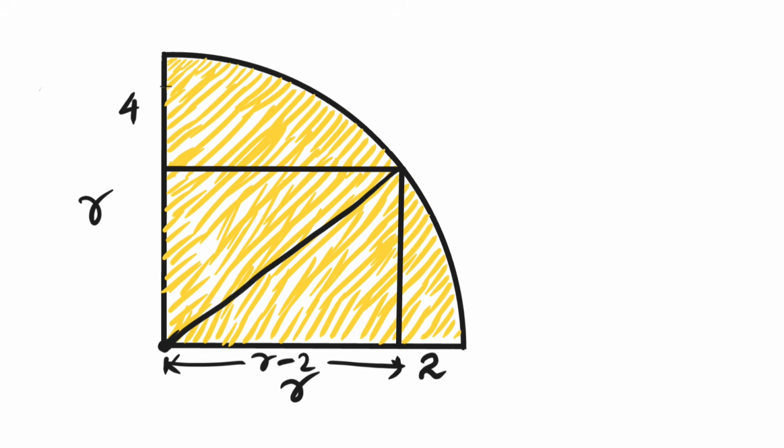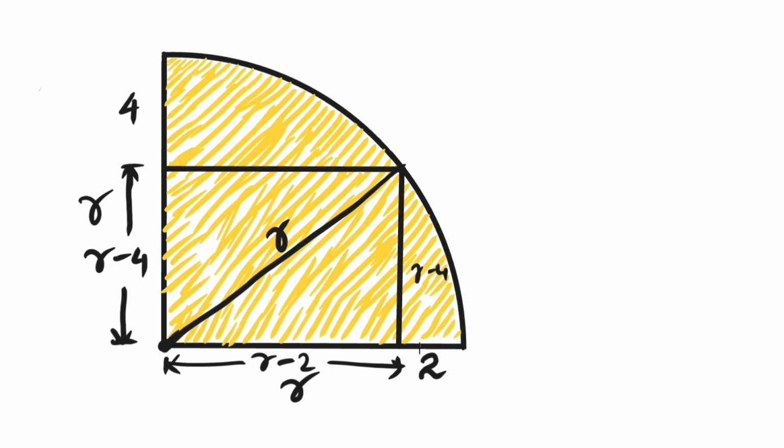Similarly, the entire vertical distance from the center to the top of the quarter circle is also r, because it is another radius, but the top of the rectangle is 4 units below the top of the quarter circle. Therefore, the vertical leg of our right triangle is r minus 4. The hypotenuse is the line connecting the center directly to the upper right corner of the rectangle, and because that corner lies on the circle, this line is also a radius, so the hypotenuse is r.